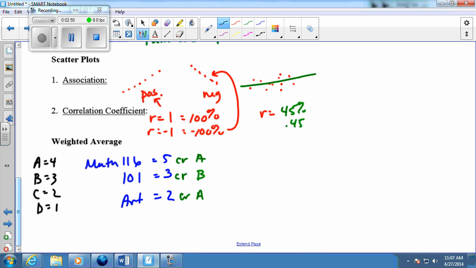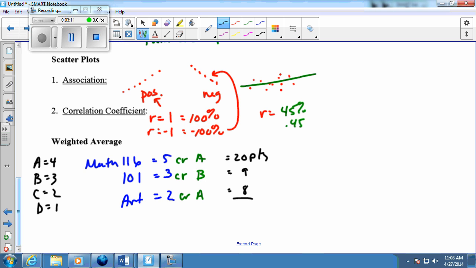So if I have a 5 credit A and each A that I get is worth 4, that gives me 20 points toward my overall GPA. If I have a 3 credit B, that gives me 9 points. And this 2 credit A, well, an A is great because it's worth 4 points, but I only had 2 worth of that, so that would be 2 times 4 or 8.